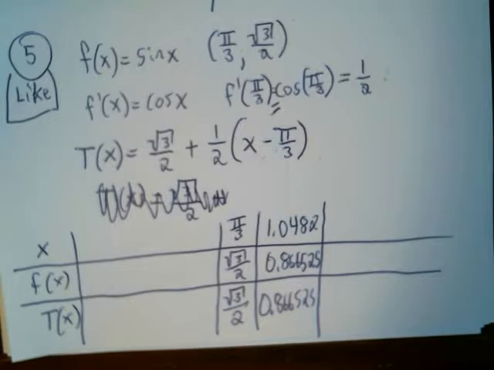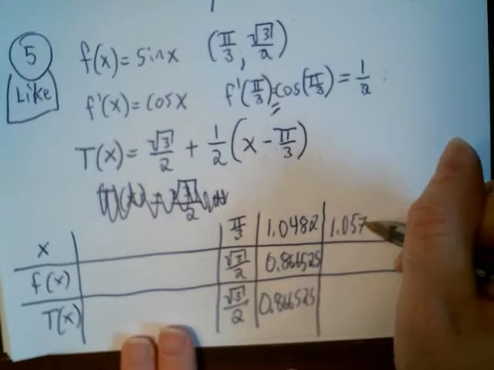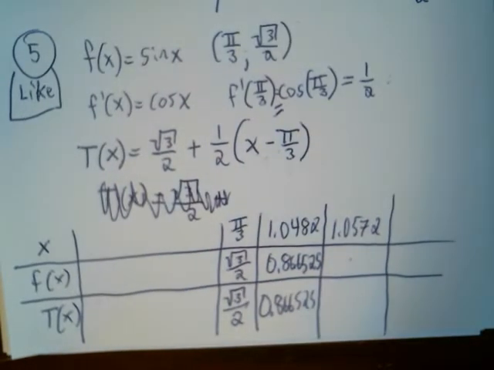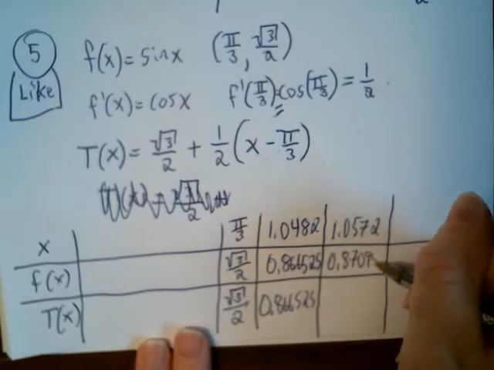Yeah. Let's move a little farther away from that point. So pi over 3 plus 0.01. Okay. So that x value 1.0572. And let's see what the output is for sine. So second sine of that. So you get 0.870982.